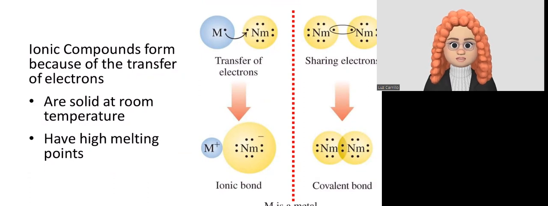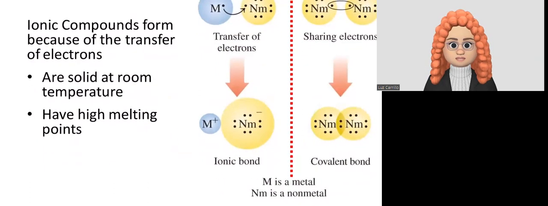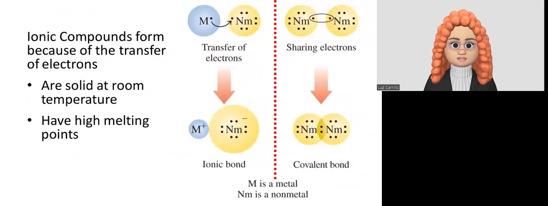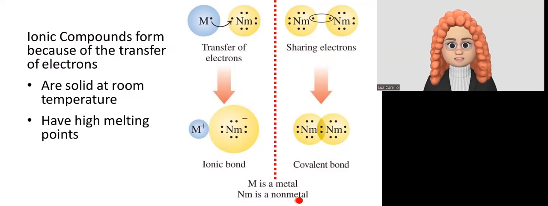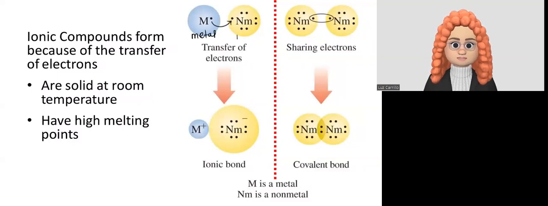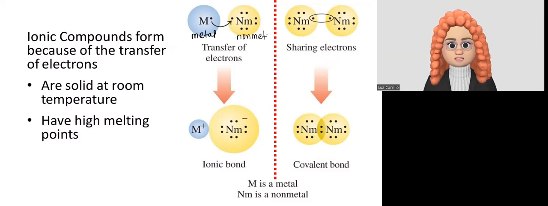In this figure, as you can see at the bottom, the capital M is used to symbolize metal elements. The capital N followed by a lowercase m symbolizes nonmetals. So an ionic compound is formed specifically by a metal element transferring electrons to a nonmetal element.